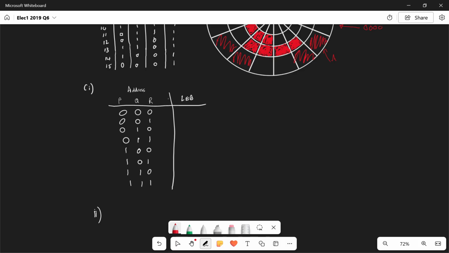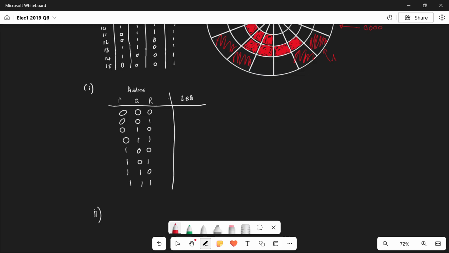For example, when the outputs are P equals 0, Q equals 0 and R equals 0, memory location 0, 0, 0 is activated. The output of that location is used to light the north LED. And then we've got our table. You can see that the first line is filled in. And it says complete the table by adding the names of the LEDs lit by the contents of the other memory locations.